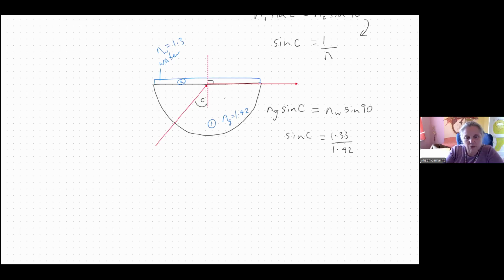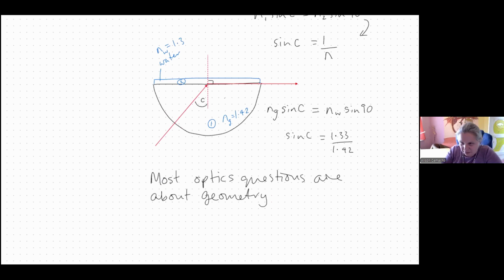Most optics questions are about geometry. So when it says to show something, just remember that the angles in a triangle add up to 180 degrees.